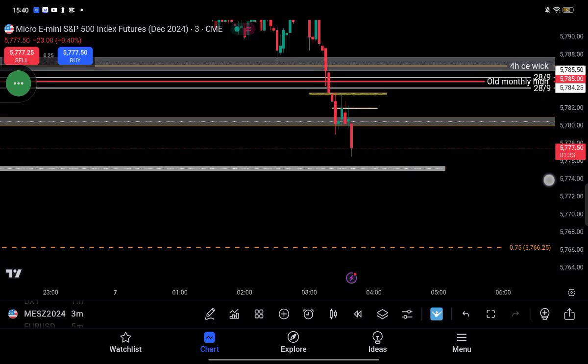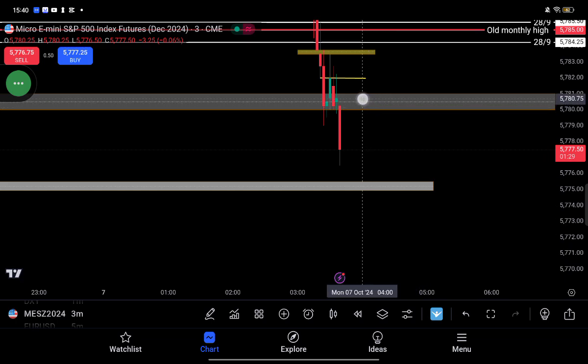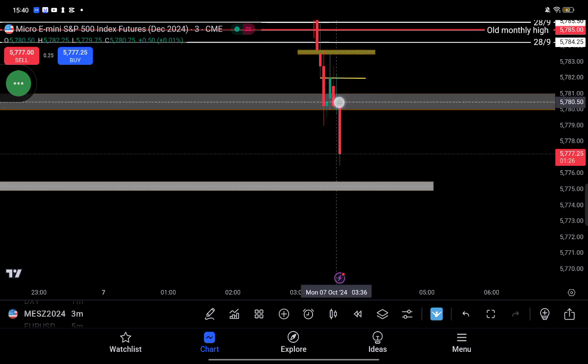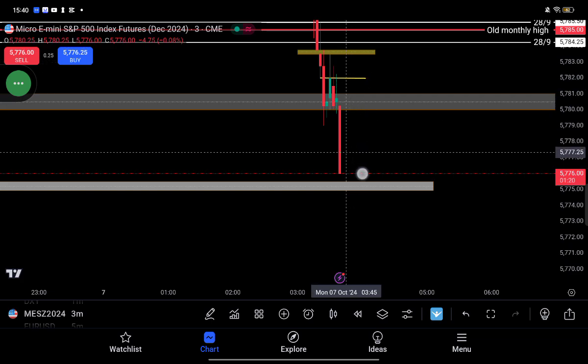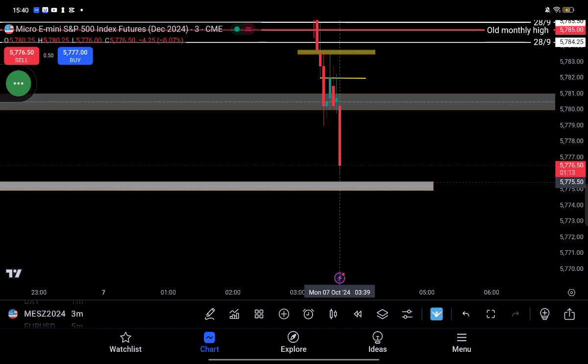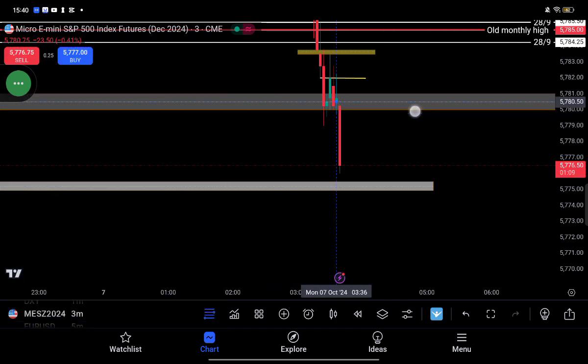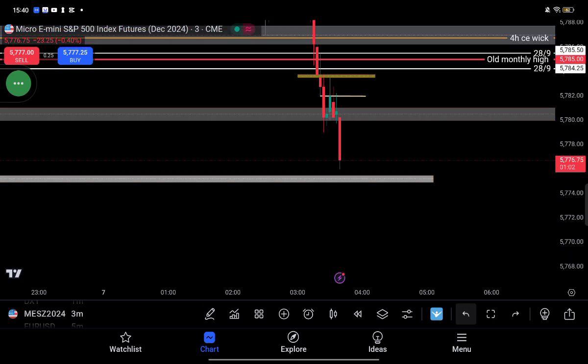And look at what I told you. From this volume balance here, 5780, your stop loss has to be above the CE wick at least, 5783, and here to this 15-minute BC, 5775.